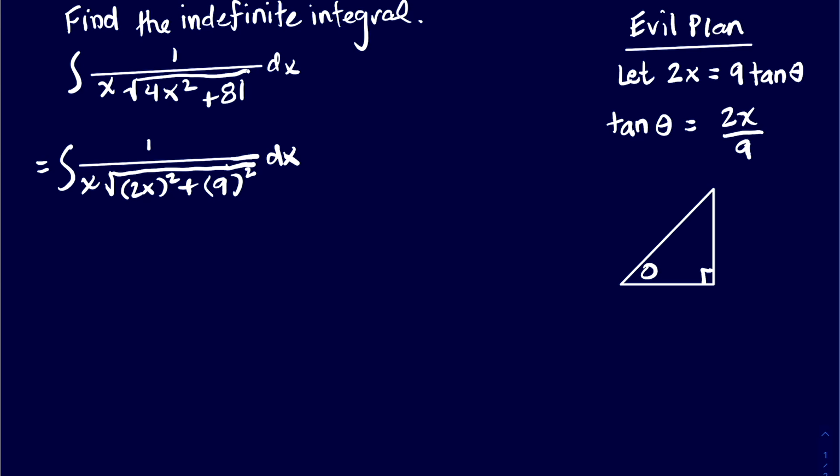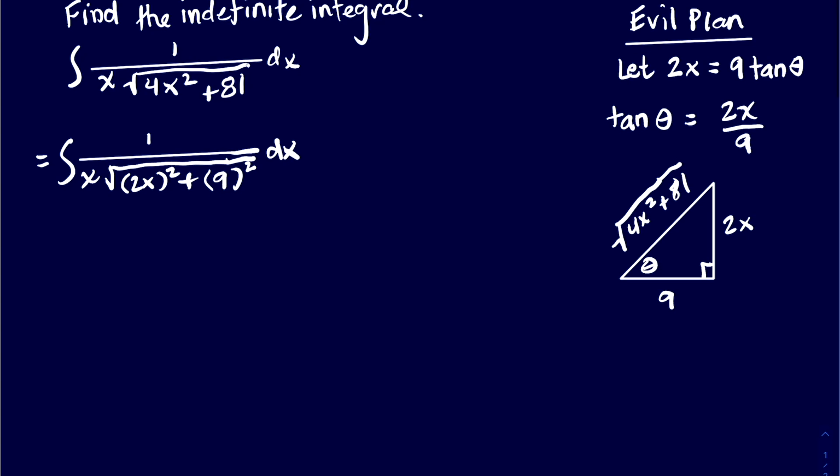And remember that the tangent is the side opposite over the side adjacent. So we'd have 2x opposite the angle theta, 9 adjacent. And if we did the trig substitution right, we'll get the correct square root. So do you see this would end up being 4x squared plus 81. And we're good to go.